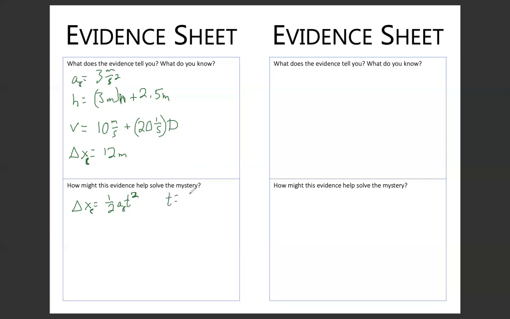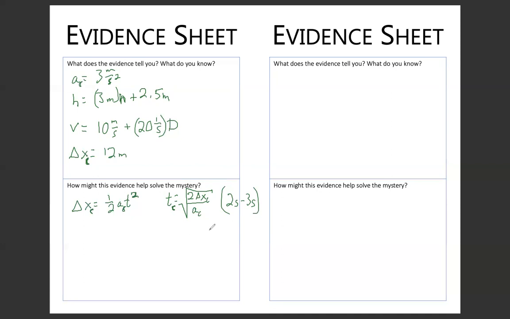T would be the square root of 2 delta x over a. That would be the time the car drove to get in front of the light. If you go ahead and do this, I will tell you that the value is somewhere between 2 seconds and 3 seconds. So I'm not telling you the exact value, but it's somewhere between those two values.